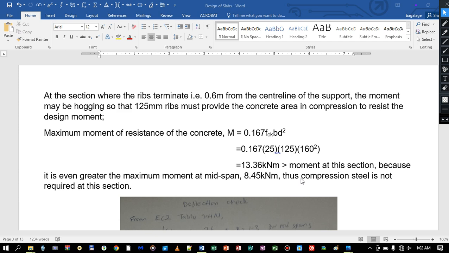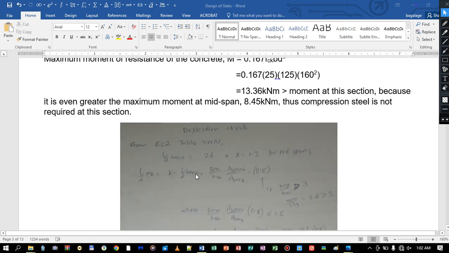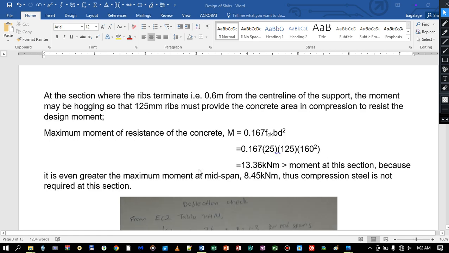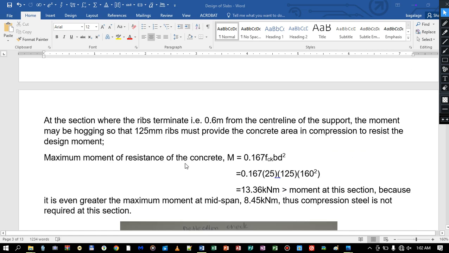Thereby making compression steel still not required at that section. Then for the top steel at the end support, you provide steel basing on the curtailment rules.